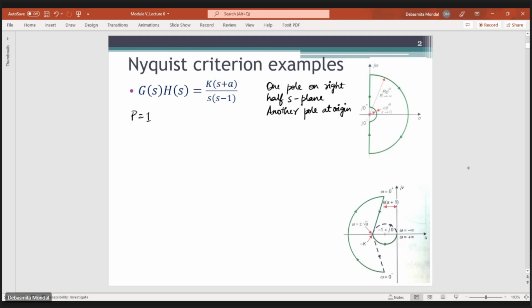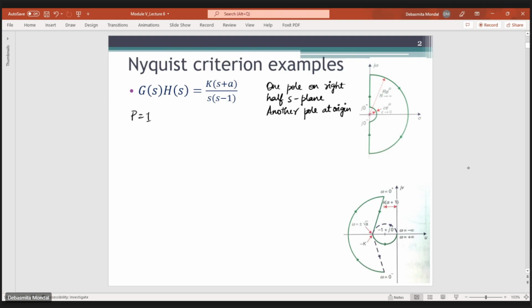So in that case, let's say k' is equal to A into k. That means it will be k' into (1 + jω/A) divided by jω multiplied by (jω - 1), right? From here we can rationalize this transfer function and write it out in terms of real part plus imaginary part. So if you write the real part and imaginary part, it will look like this. I'm writing the final expression.